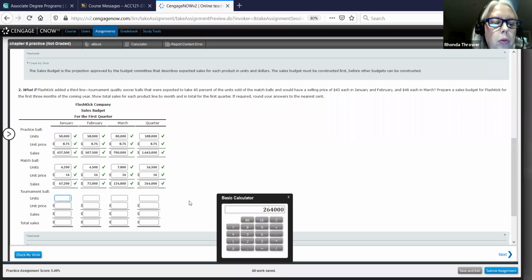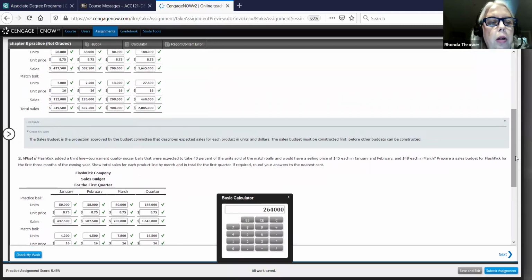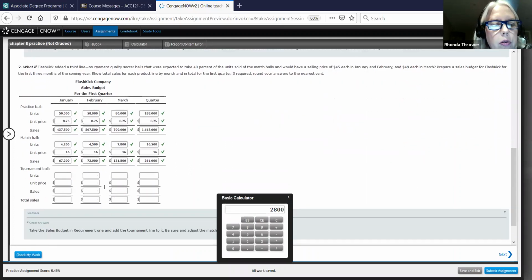So for your tournament balls, we're basically going to take what we had for the match balls and multiply it by 40% because we're giving them 40%. Or you could have also subtracted your match balls from your original match ball and it would give you the same thing. But 7,000 times 40% is 2,800 units.